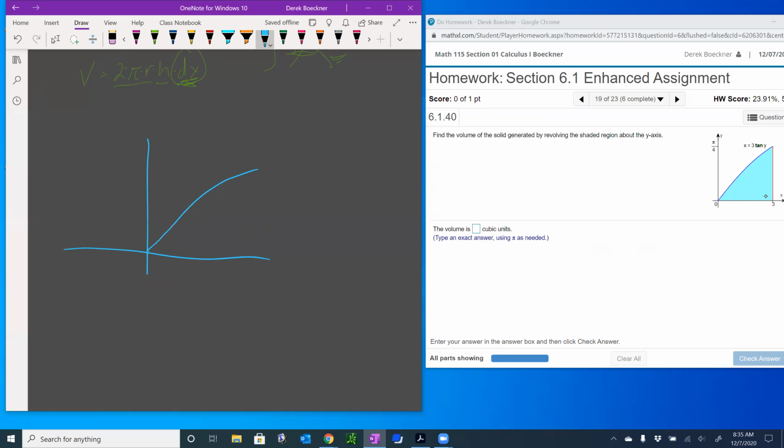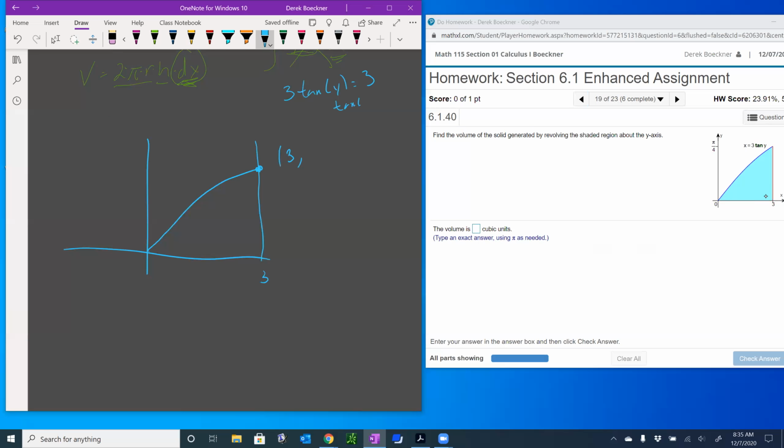Realize that everything is in terms of y. So that's at 3. This point's at 3 comma. Well, if I want 3 out, I want 3 tangent of y equal to 3.